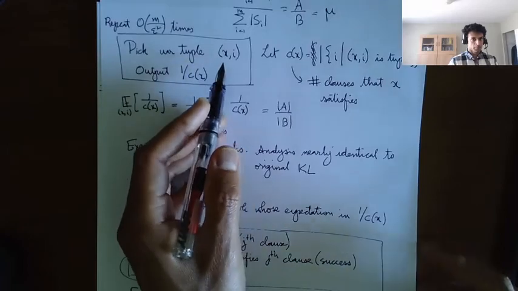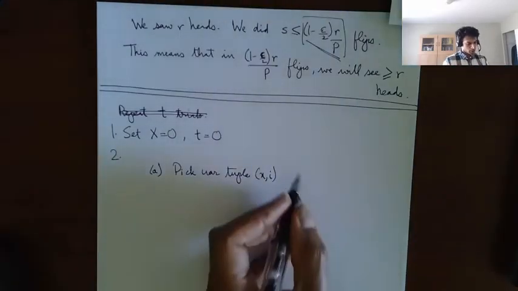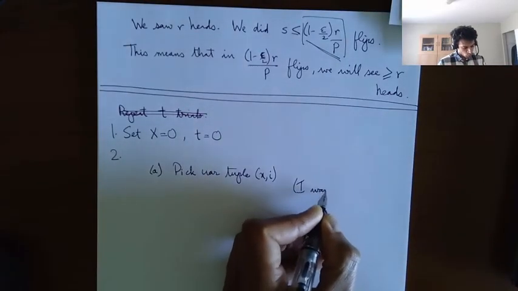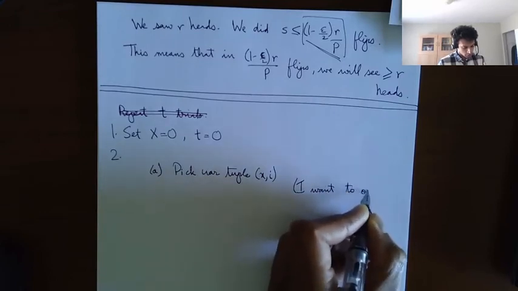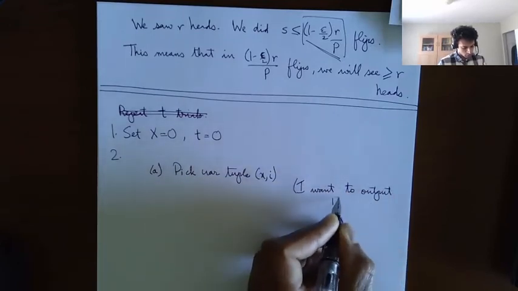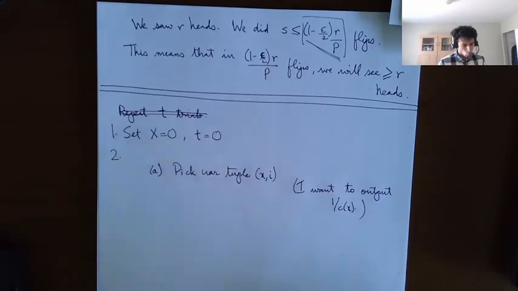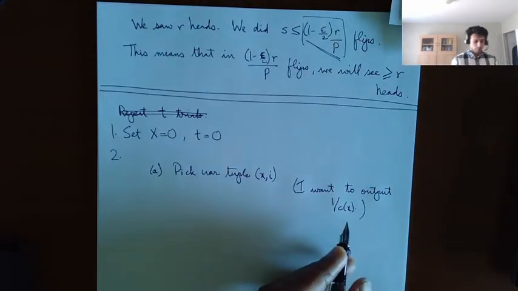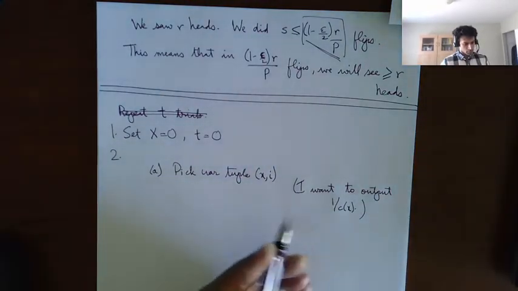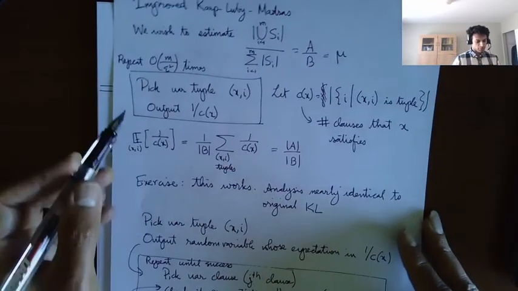Pick a uniform random tuple. I want to output 1 divided by Cx, because that would give me my desired random variable.